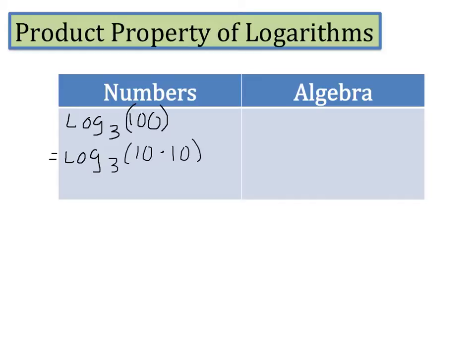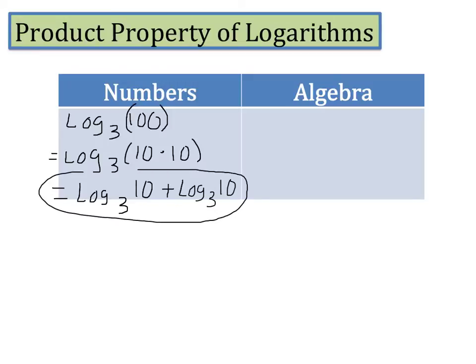Since the logarithm of a product is equal to the sum of the logarithms of its factors, we can further break that down to log base 3 of 10 plus log base 3 of 10. So this is how we use the product property to simplify this.